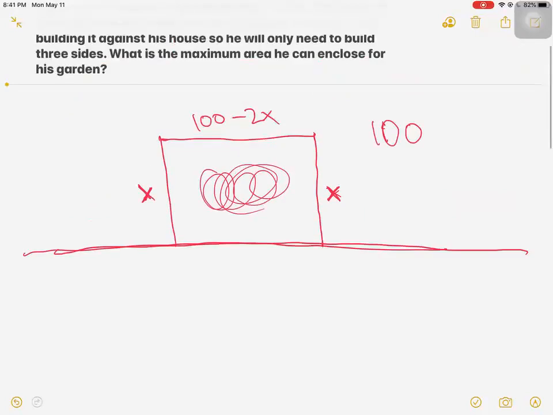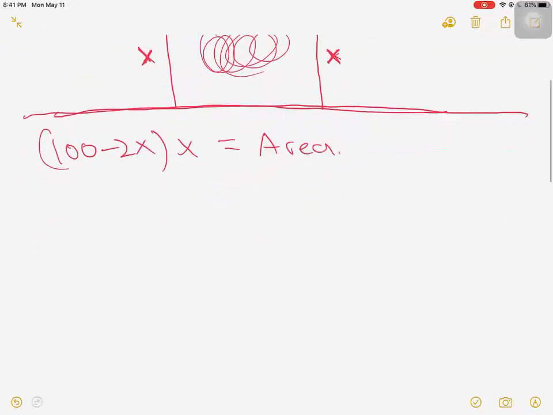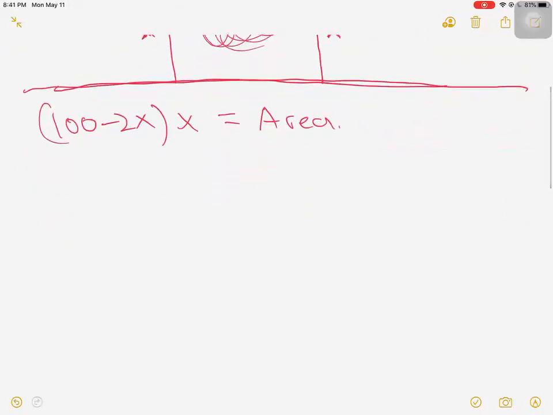So we want to find the maximum value of this area. But the way we can express the area is as 100 minus 2x, the base times width times length, basically. So that times x equals the area. And then if we expand this, we will get negative 2x squared plus 100x.